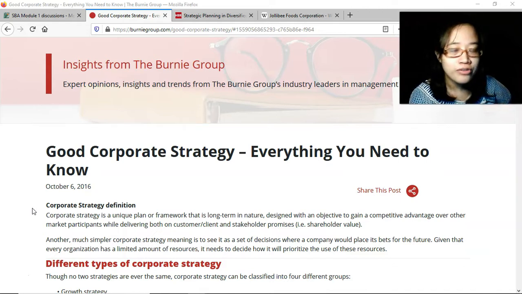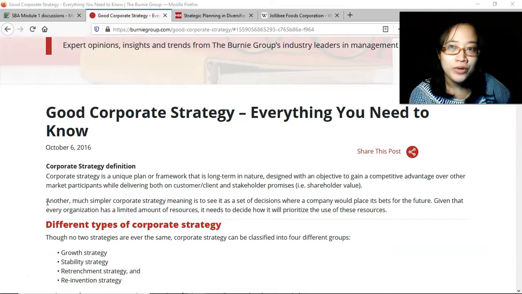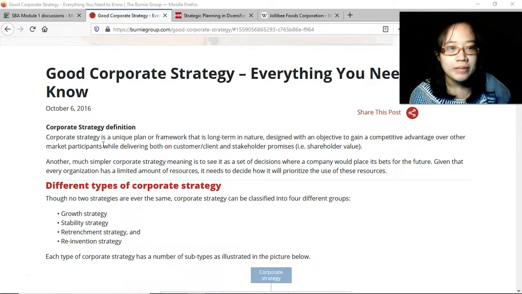Okay, so for the first part, we have corporate strategy. By definition, it's a unique plan or framework that is long-term in nature, designed with an objective to gain a competitive advantage over other market participants while delivering both on customer, client, and stakeholder promises, i.e. shareholder value.